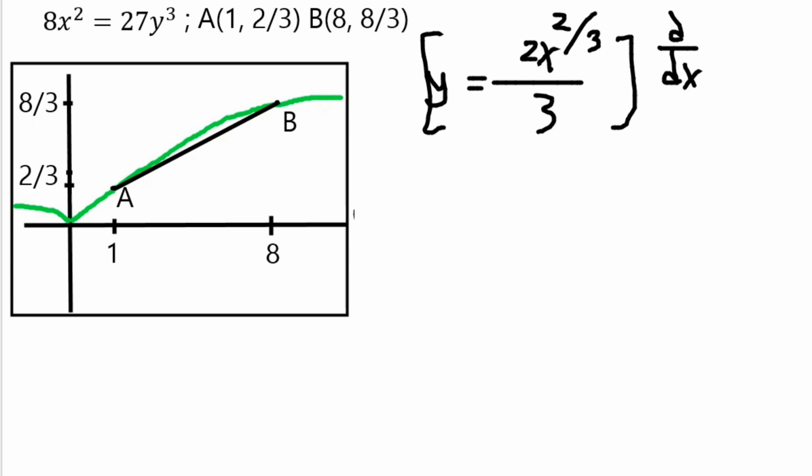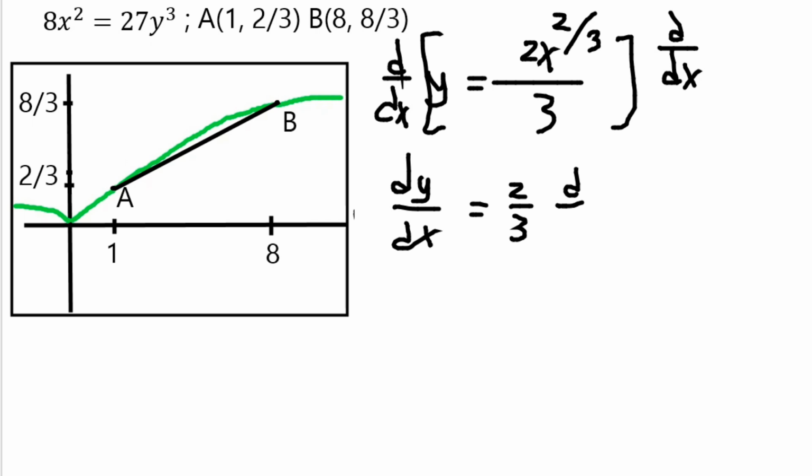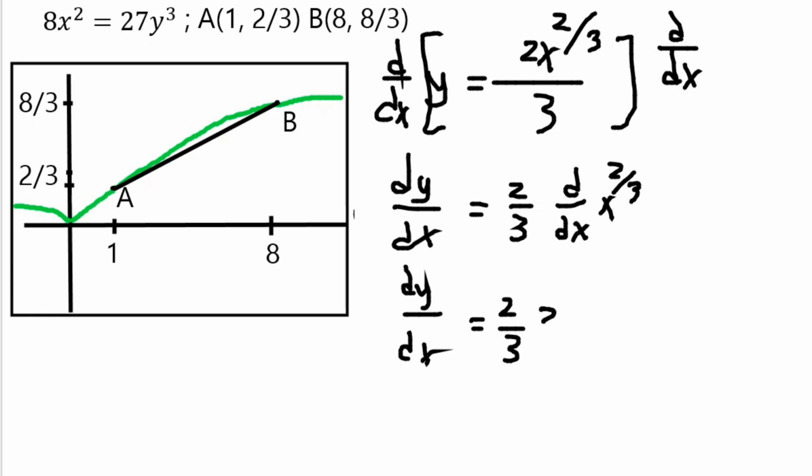Okay, so let's take the derivative of this thing with respect to x. We will get, by implicit differentiation, dy/dx equals 2/3 times the derivative of x raised to the 2/3. So dy/dx equals 2 over 3, and then we can just use the power rule.